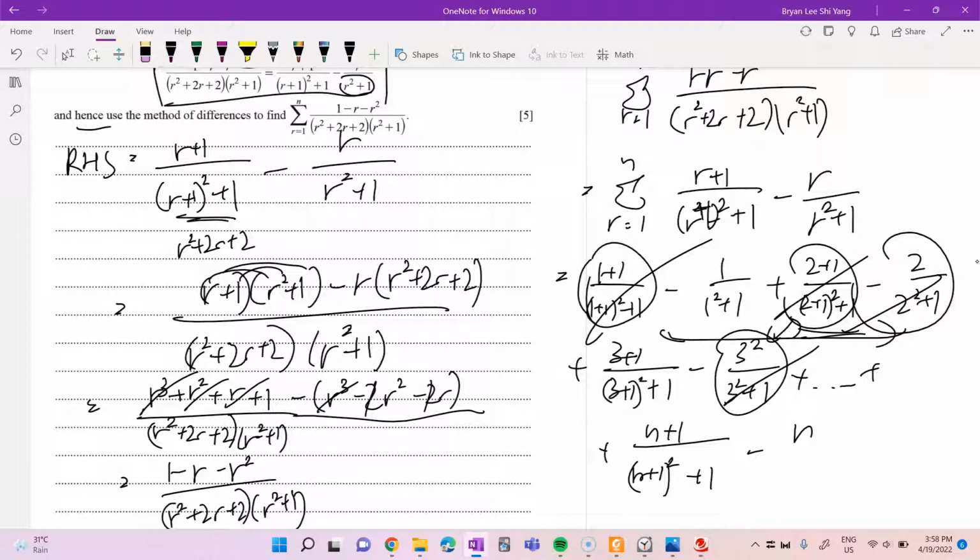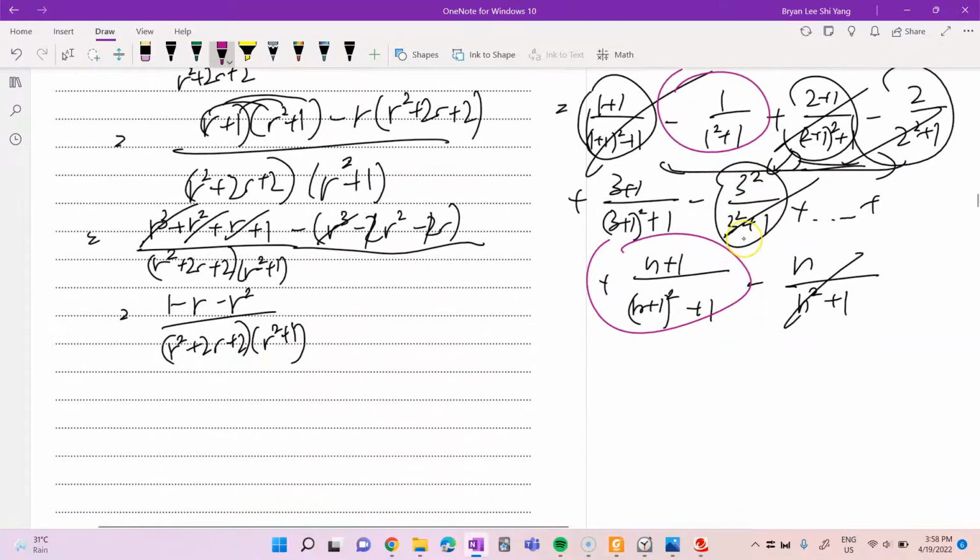N over n squared plus 1. So this previous term will be cancelled out as well. So normally what we will have is the smallest term and largest term remaining. So let me write it out.